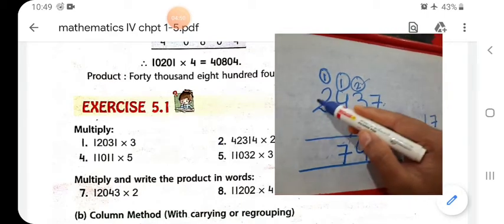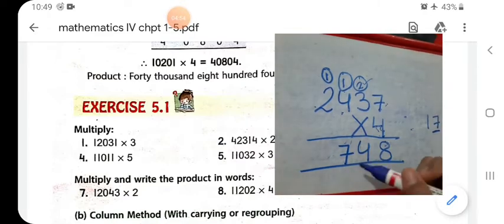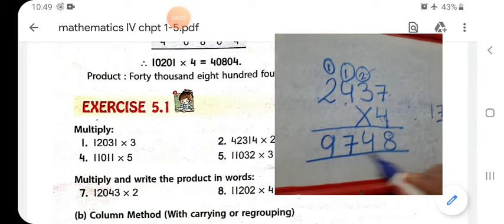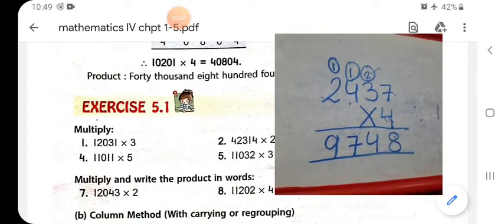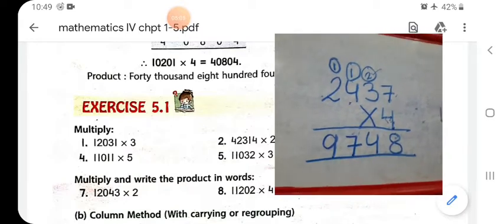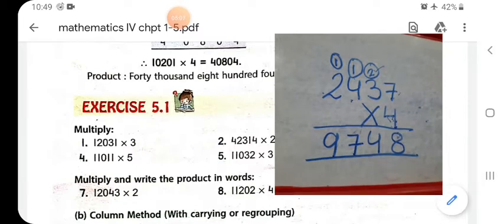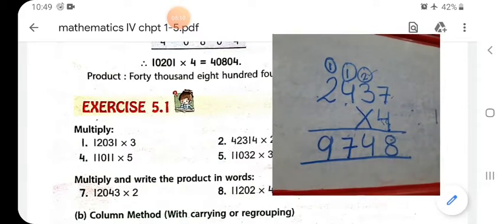So 4 twos are 8, 8 plus 1 is 9. So the answer is 9748. These two types of sums we have already discussed in our last videos.